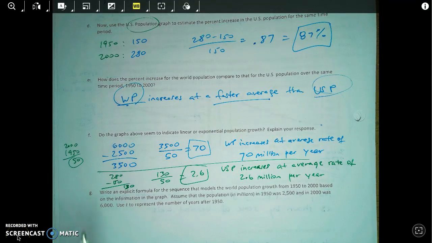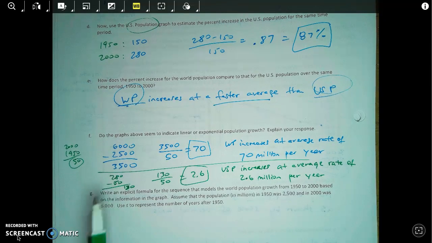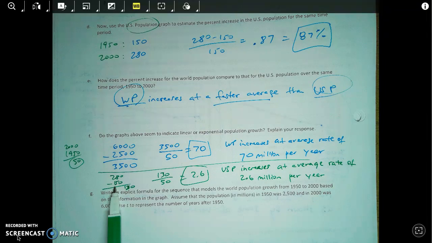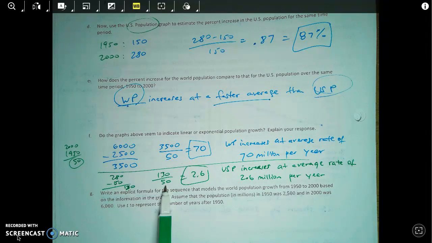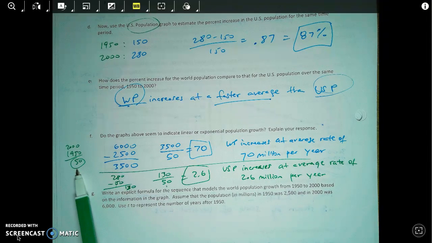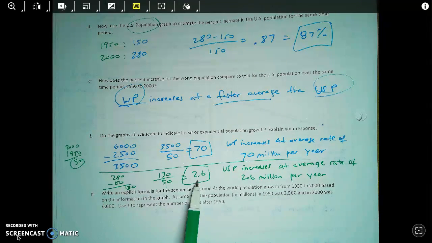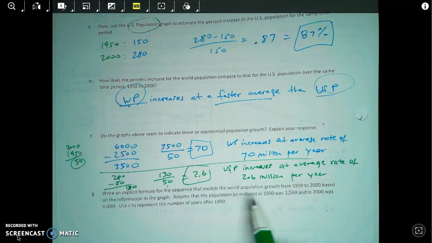We do the same thing for the US population. If you look at the graph, we ended up at 280, and the initial one was 150. So the difference is 130, divided by the amount of years we had, 50 years. We ended up with 2.6. So the US population increases at an average rate of 2.6 million per year.